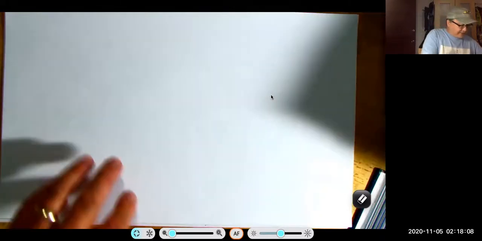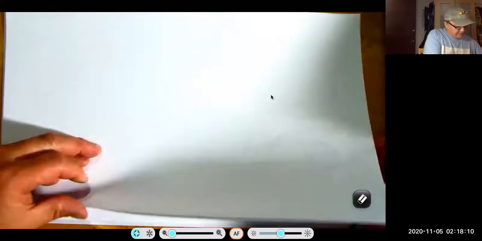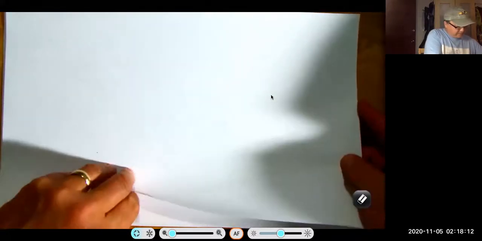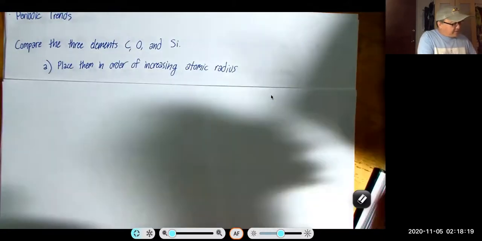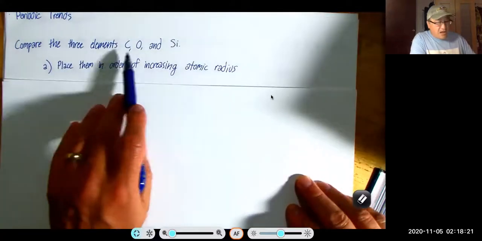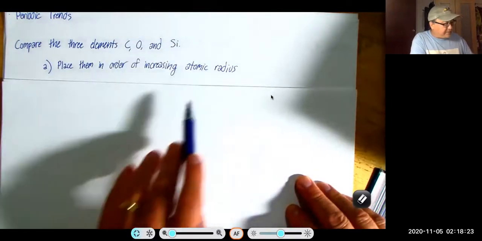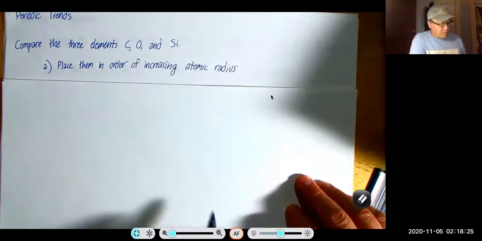So let's take a look here at some problems. So, periodic trends. Compare the three elements, carbon, oxygen, and silicon. Place them in order of increasing atomic radius.